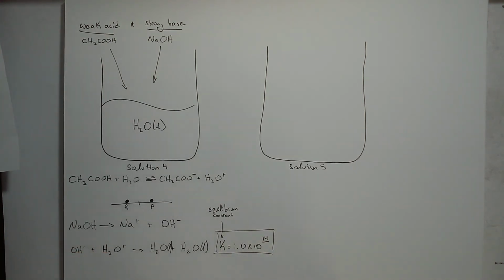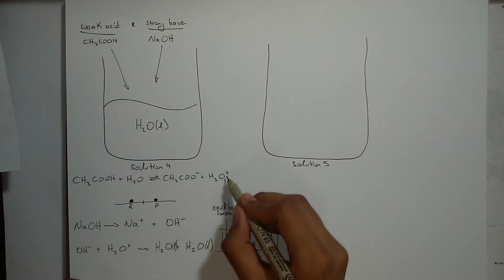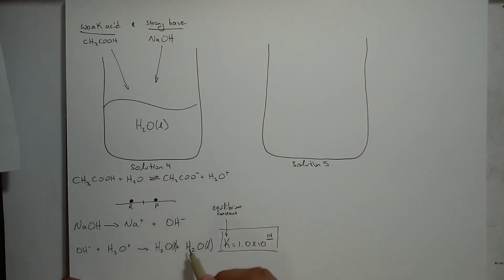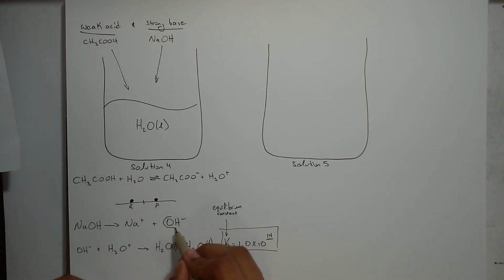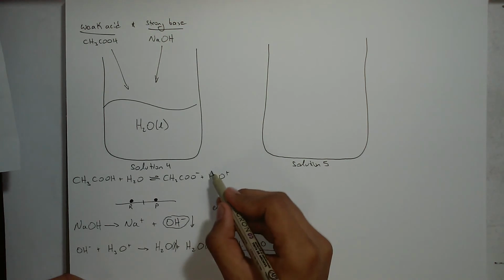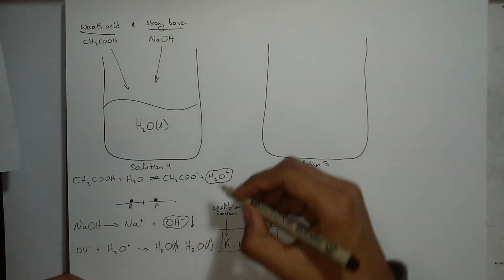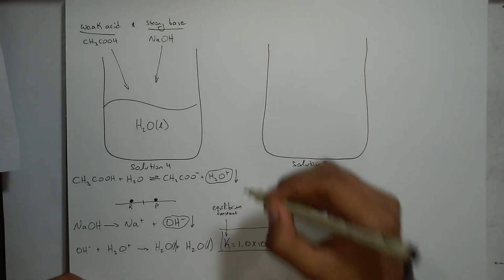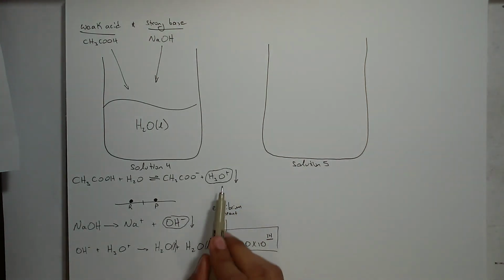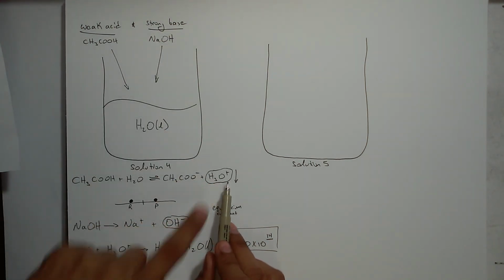So just to show you guys what's going on here then, we know that if these two things are reacting with one another and they're forming water, we can say that the concentration of OH- inside of this solution is dropping, and that the concentration of H3O+ present inside of this solution is also dropping. Very, very important. Notice that when I added this strong base, that dropped this concentration.